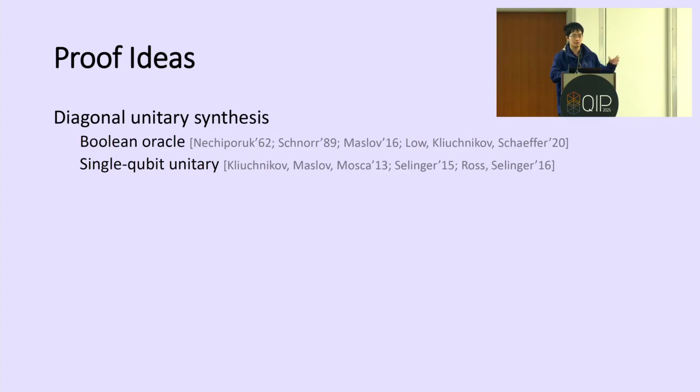These are results in Boolean circuit complexity that date back to the 1960s, to implement Boolean functions using XOR gates and AND gates, using few AND gates. When you convert it into a Clifford plus T circuit, XOR becomes CNOT that we don't care about, and AND becomes T gates that we care about. So this is a very old result.